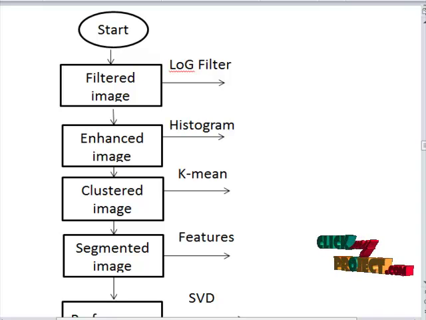Then the images are enhanced by using local spectral histogram. The histogram is taken for all input bands because it provides effective features for both spectral and texture information for remote sensing images. Then the enhanced image is clustered.